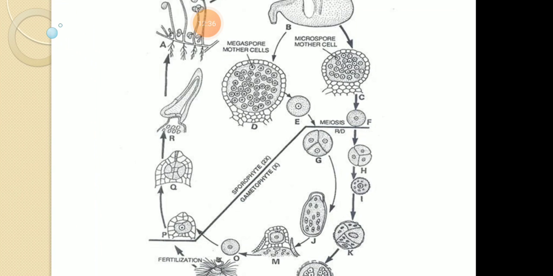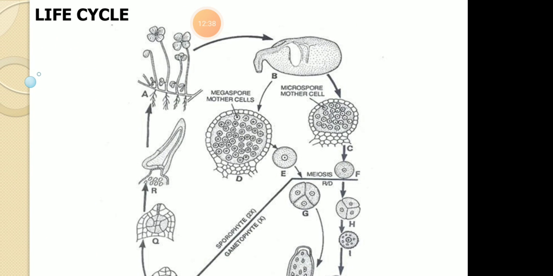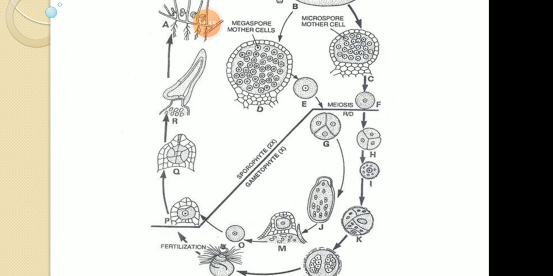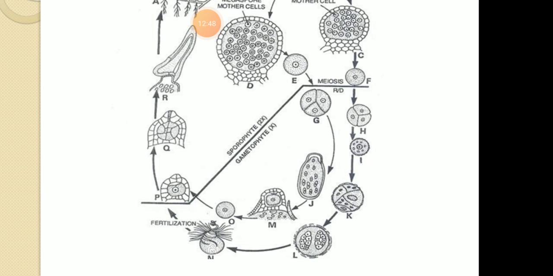So this is the plant body, and they produce the sporocarp at the basal region, and these sporocarps produce the micro and the megaspores and undergo meiotic division. The first portion is called the sporophyte. The second, the spore-producing region, is called the gametophyte phase, and during the meiotic portion the micro and the megaspores will be produced, that's the male and the female gametes. They form the androcytes and the egg cells to form an oospore.